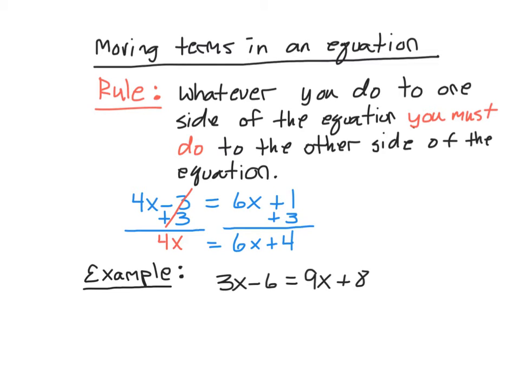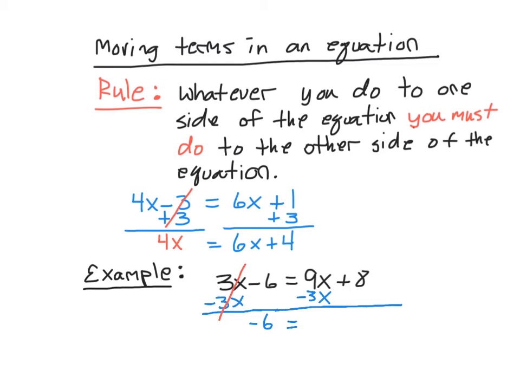And again, I just follow the rules that I know, which says if I want to move a positive 3x, I'm going to have to subtract 3x from this side. And as long as I do it on the other side, it's okay. That's our rule. Whatever I do on one side, I've got to do on the other side. Now, these terms here cancel to 0, and I'm left with negative 6.